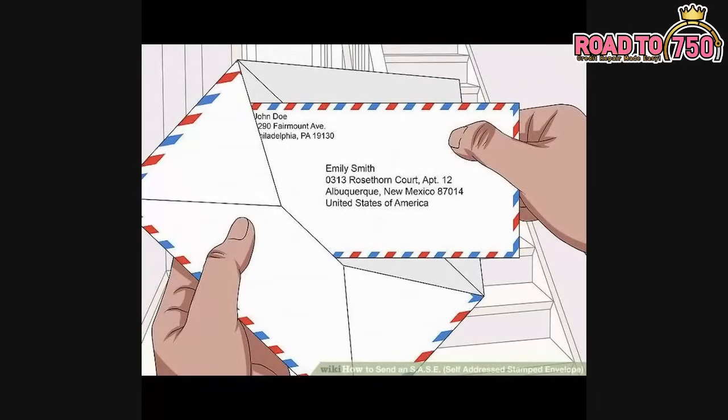All right, so here is an example of what a self-addressed stamped envelope is. You know how when you receive a bill, they already include an envelope with your name and their address and stuff already filled out, and it'll also already include a stamp, to the point where all you have to do is put your check or put your money in there and put it in the mailbox. That's the same ideology that you want to send to the courthouse, because they're known for not responding back if you do not include a SAS.